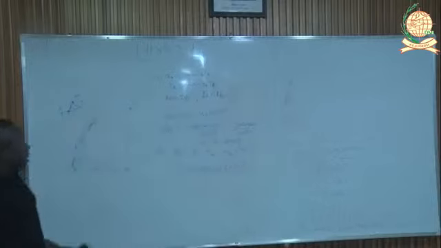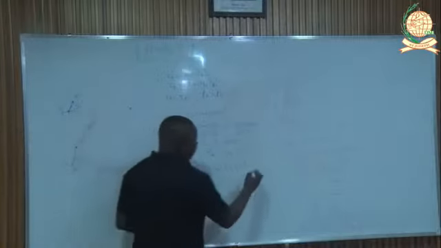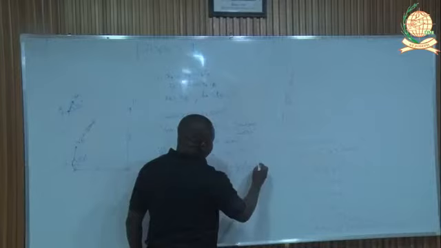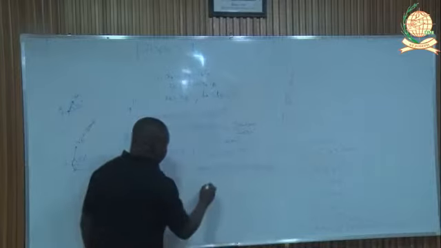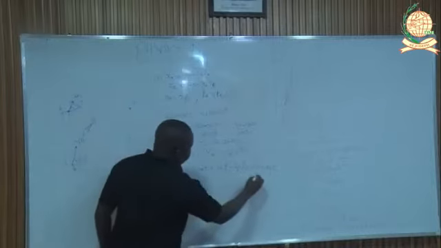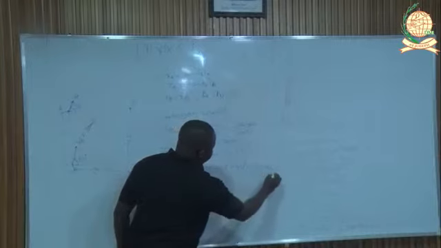But y for B, it is projected from the ground, therefore it is V naught sine of 60 times T minus a half gt square.